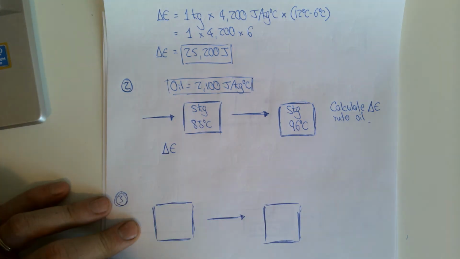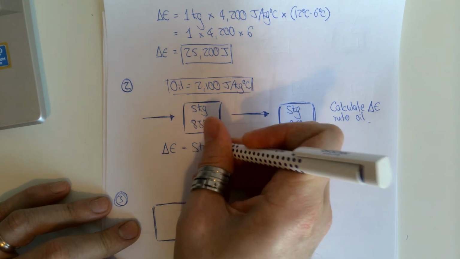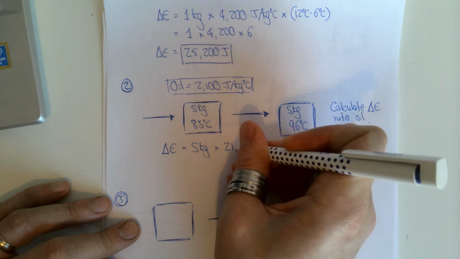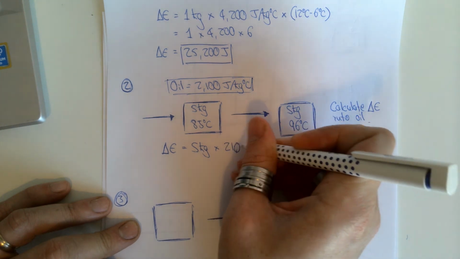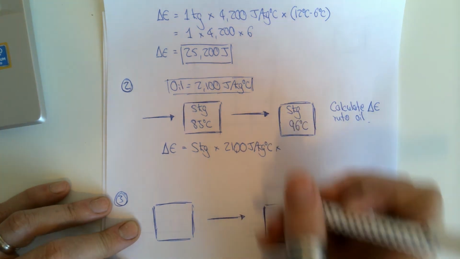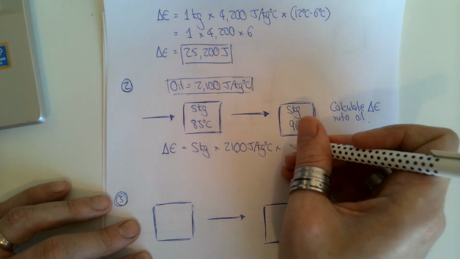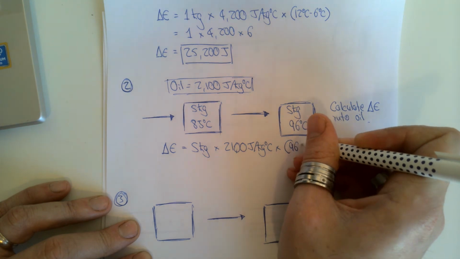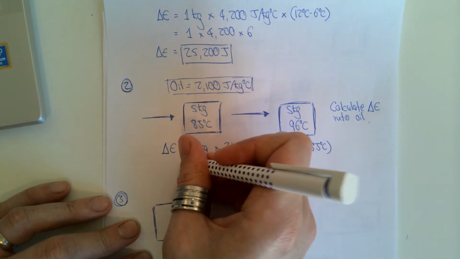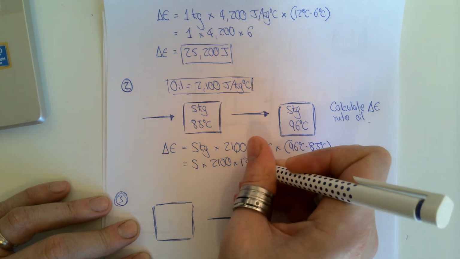So energy transferred equals 5 kilos times our specific heat capacity of 2,100 joules per kilogram degrees Celsius times our temperature change. So we know that our temperature change would be 96 minus 83, because that's the difference. So overall, that's going to be 13. So it becomes 5 times 2,100 times 13.